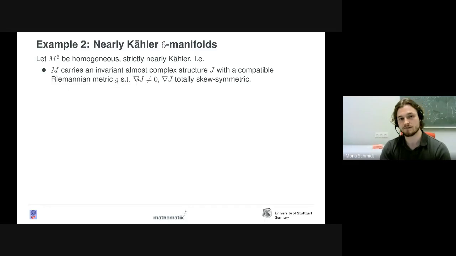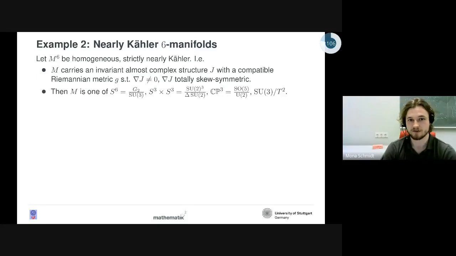And the Levi-Civita derivative of J should be non-zero. So it's not a Kähler manifold, but it's nearly Kähler. It's strictly nearly Kähler because it's non-zero. And also this tensor here, this is a 2-1 tensor, should be totally skew-symmetric.